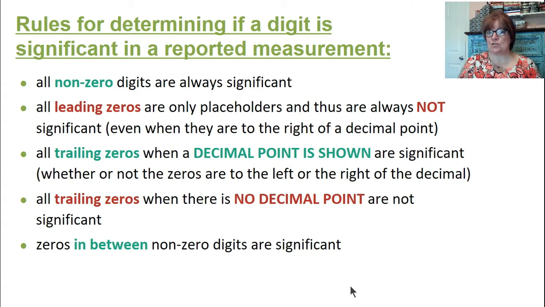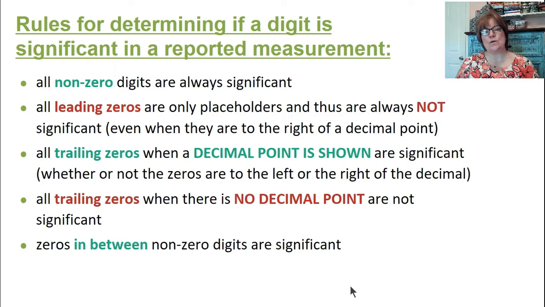If a decimal point is shown somewhere, it doesn't have to be next to those trailing zeros, then all trailing zeros are significant. If there is no decimal point shown, like in the number 2000, it is implied that those zeros are placeholders, and therefore they are not significant.